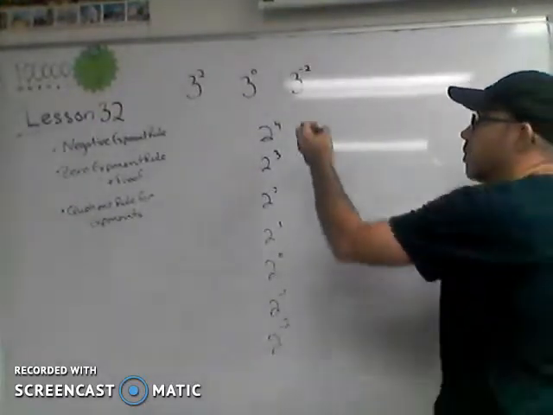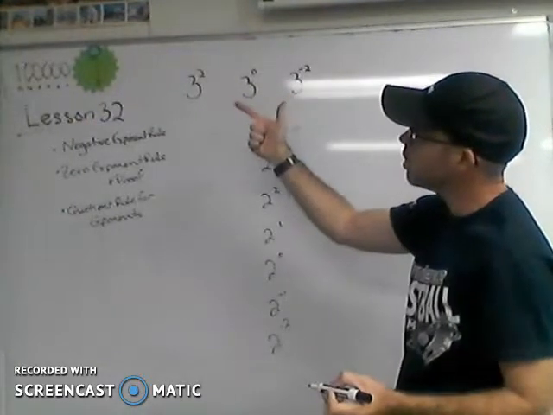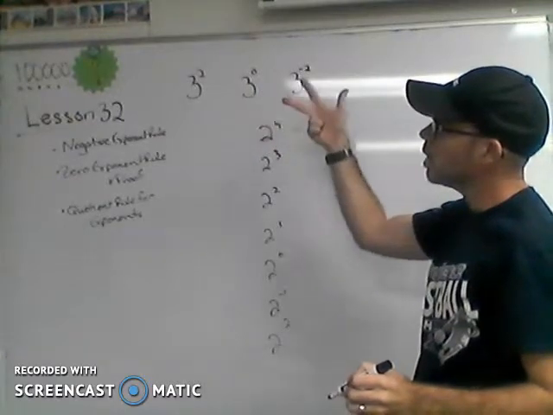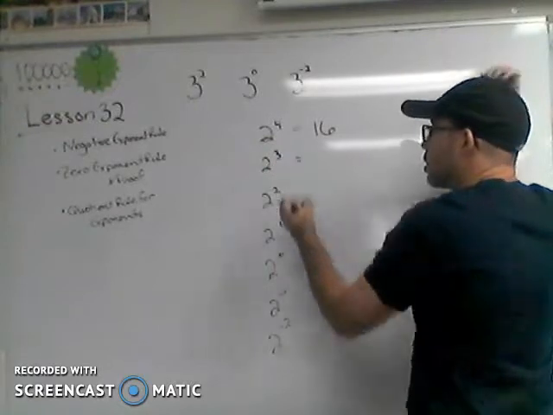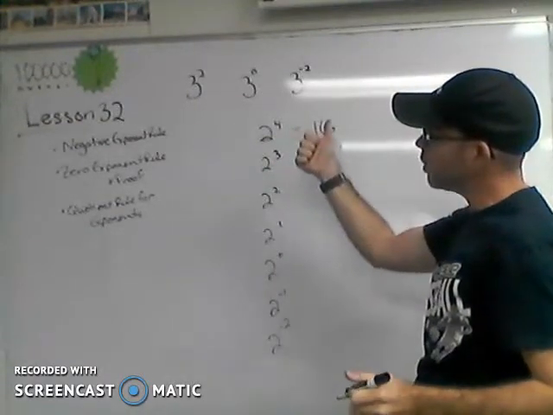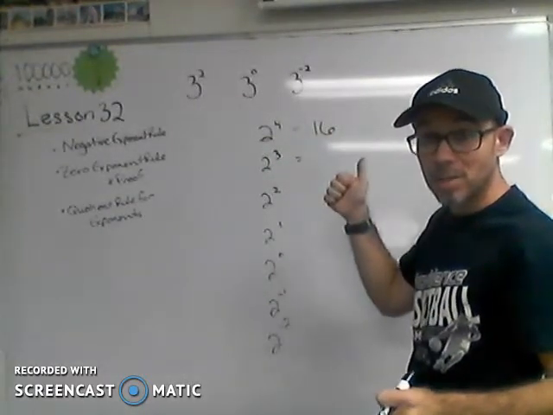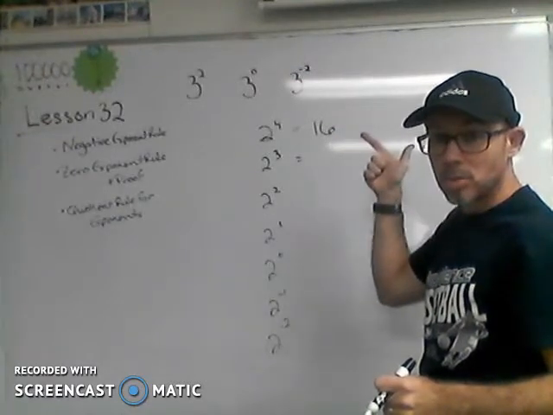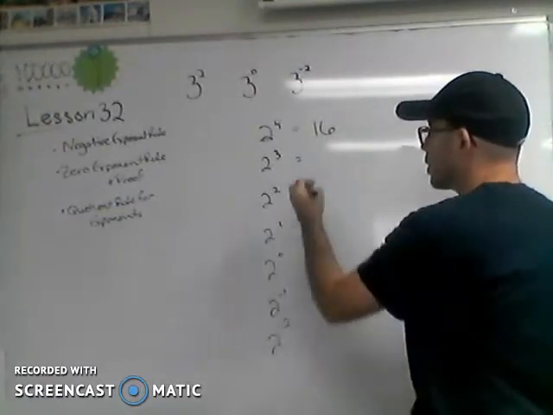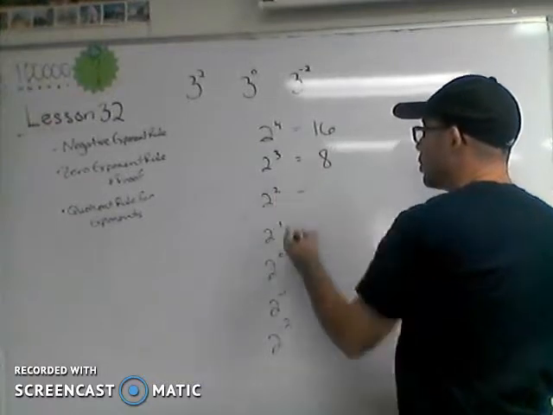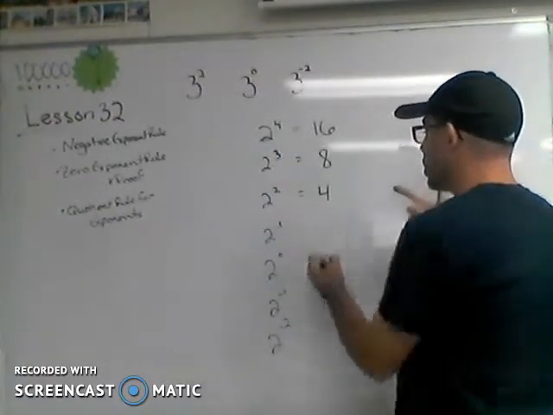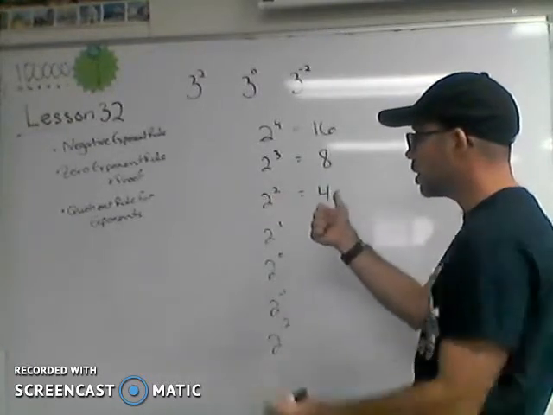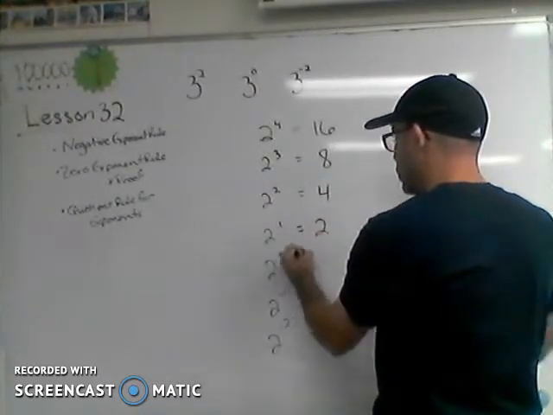So these ones are not so bad because we know 2 times 2 is 4, times 2 is 8, times 2 is 16. That makes sense. 2 to the 3rd is just one less of those, or basically dividing by 2. 2 times 2 is 4, times 2 is 8. And then I'm going to do that one fewer times, except 2 times 2 is 4. And then 2 to the 1 is just 2.